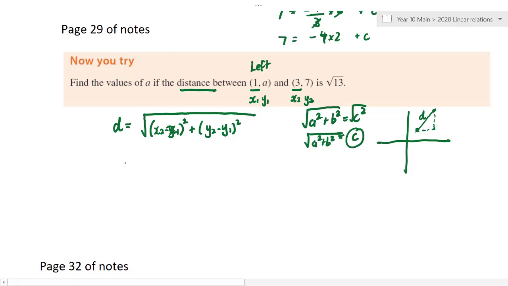Let's throw those in. So our distance, let's write that, is root 13. Okay, the square root of 13. And on the right-hand side, x2 is equal to 3, and x1 is equal to 1. So that's 3 minus 1 in brackets squared. Okay, and by the way, this is on page 29 of your notes, and we went through it once on the whiteboard.